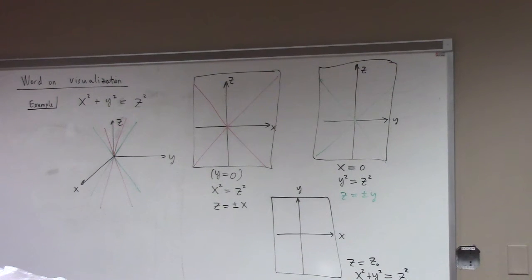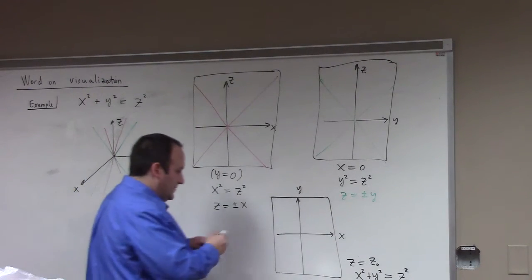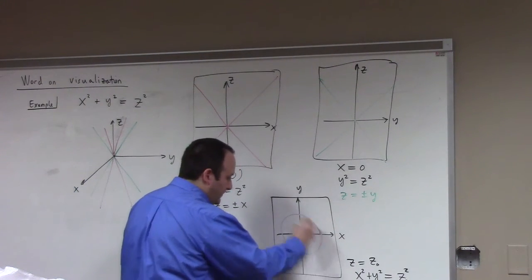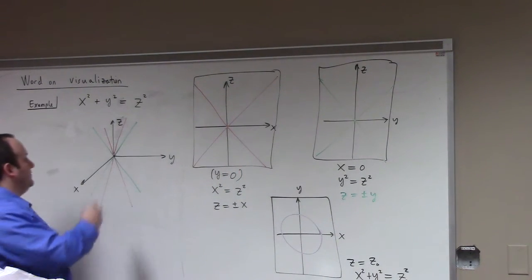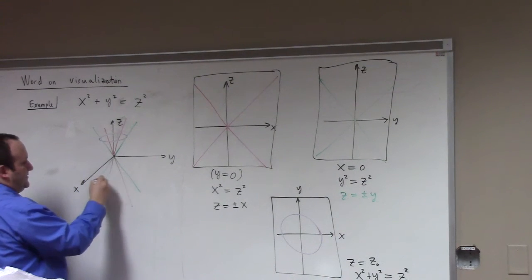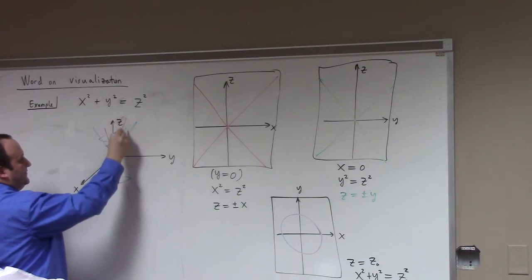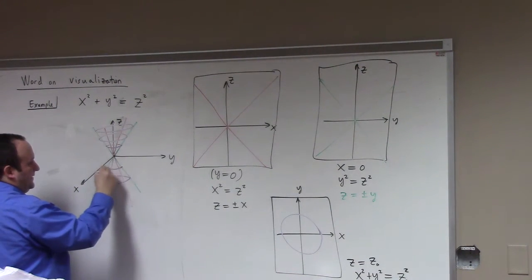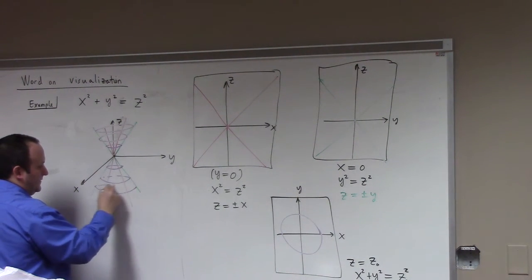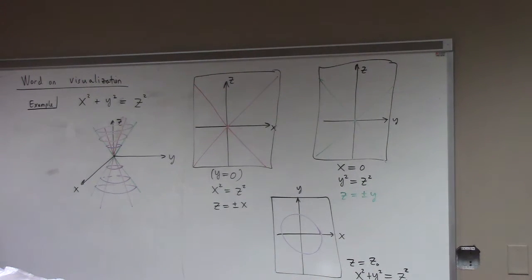So, that's a circle in the z equals z naught plane with radius z naught, right? So I can foolishly draw that in purple, like so. And that would be like here, or maybe it's down here, I don't know. But you can do that for any z naught, right? So you start to see that this is, in fact, a cone.